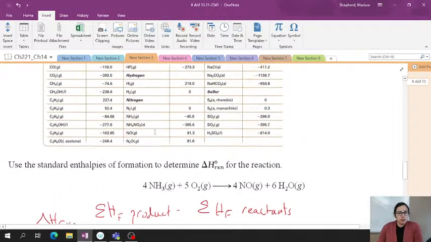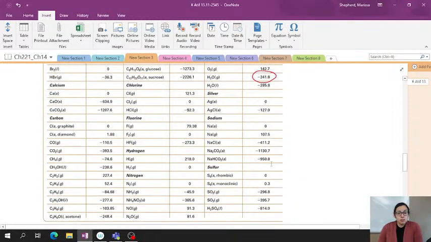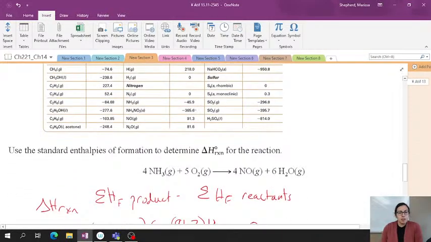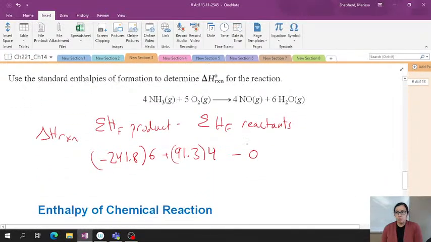And then ammonia, NH3 in the gas form, is negative 45.9, but then minus a minus, so that would be plus 45.9 times 4. Depending how you do your parentheses, it could look slightly different.